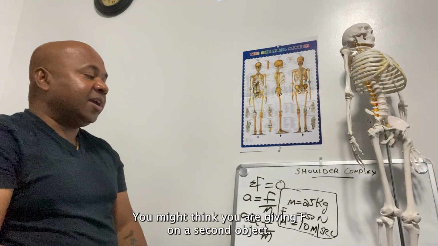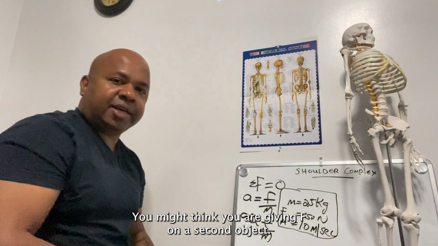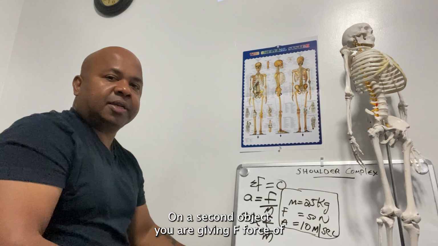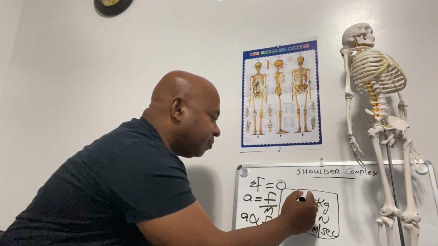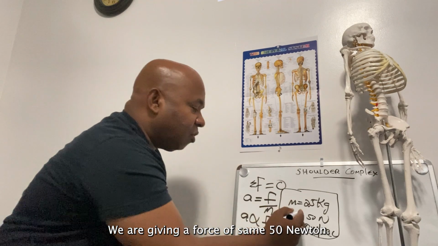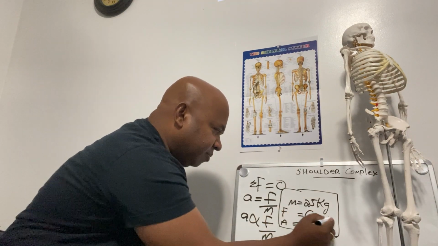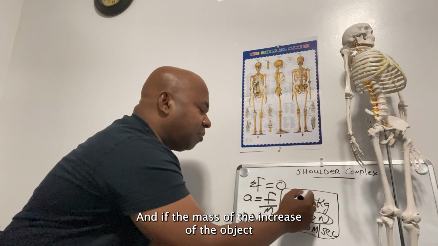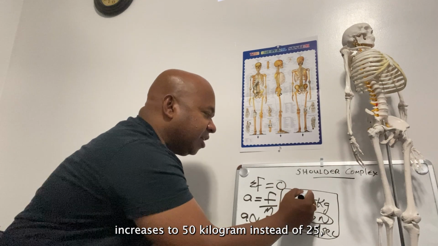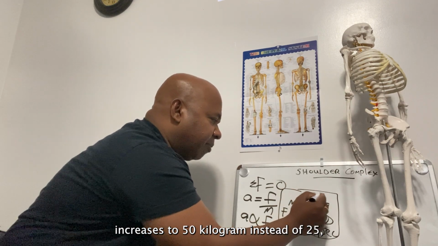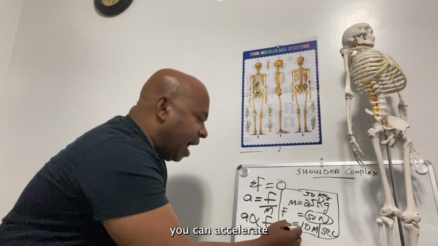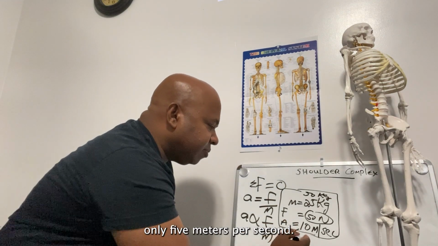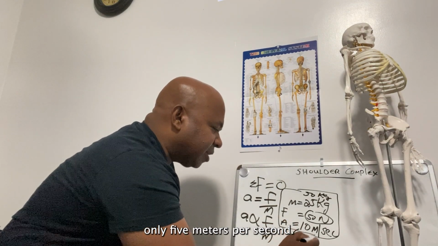Imagine you are giving the same 50 Newton force to a second object, and the mass of the object increases to 50 kilogram instead of 25. You can accelerate it only 5 meter per second squared.